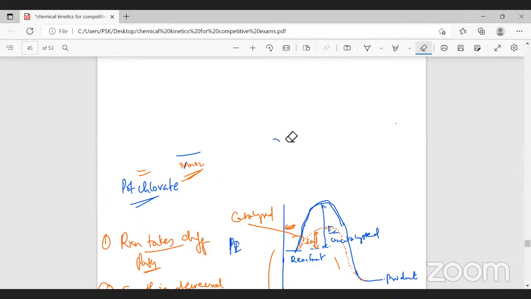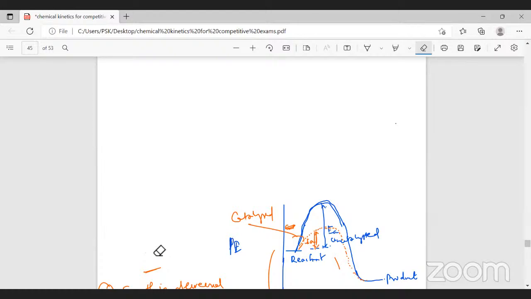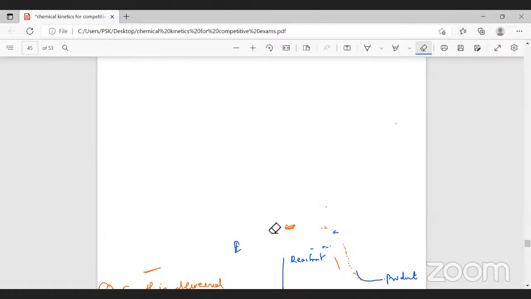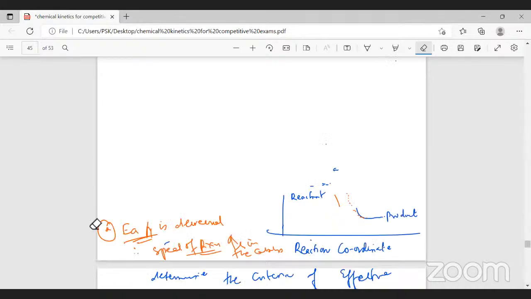You should see the derivations also. Rate constant for a zero order reaction, rate constant for a first order reaction, half-life period, all that I've given, derived. So kindly go through those derivations. Only then you can work out the problems. You should know the formula to work out the problems. So give me some time.